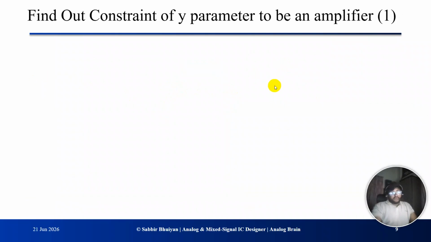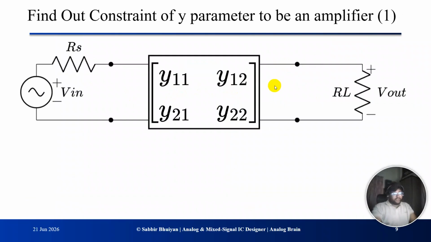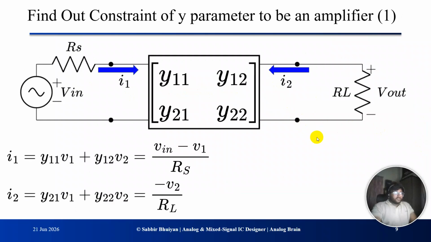So now a few important framing points before we start optimizing our goal. This is I1, this is I2, with I1 equal to Y11 V1 plus Y12 V2. We are about to find the constraints on the Y parameters for this to be an amplifier.